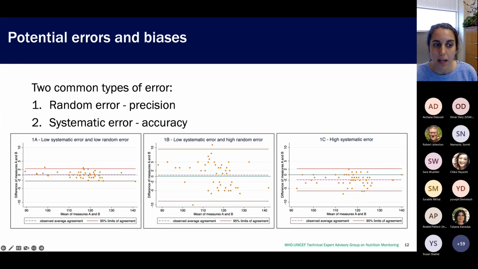The other type of error is systematic error. This is mostly associated with the intrinsic analytical performance of the method, and it's constant. The average difference between 2 methods is the bias of the method in use, shown here by the horizontal purple dotted line.